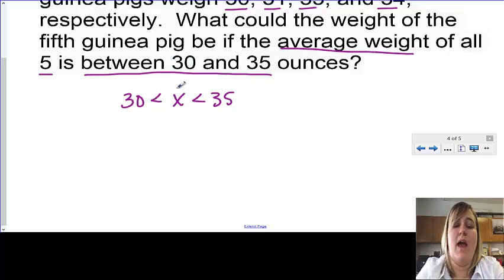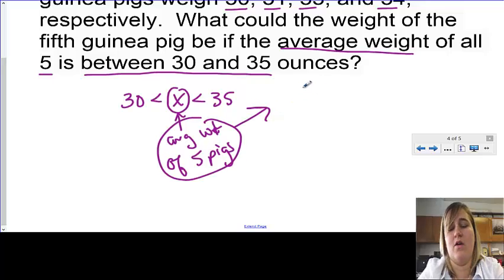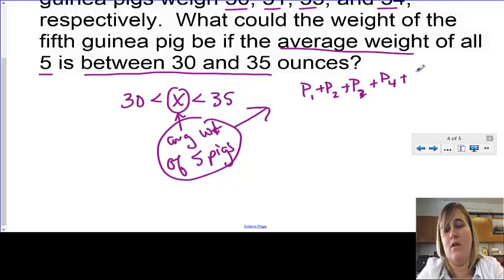All right, but x in this case is the average weight of the 5 pigs. Well, if I find the average weight of 5 pigs, the way for me to do that would be by taking pig 1 plus pig 2, pig 3, pig 4, and pig 5, their weights, and dividing them by 5.